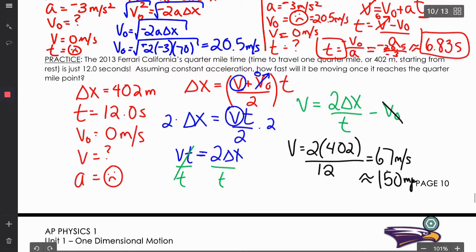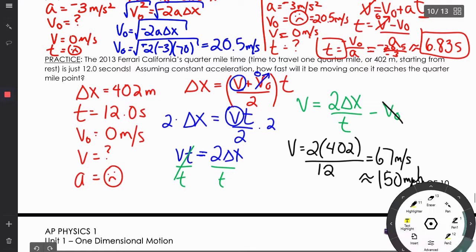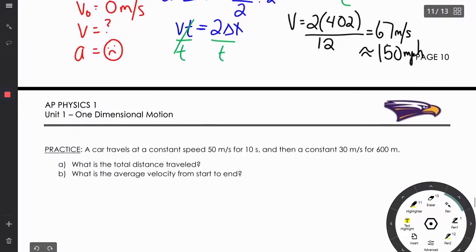Okay, now tell me that's not fast. Remember, your meters per second measurement will definitely be smaller than your miles per hour measurement. To make that conversion, you're going to do 3,600 over 1, and then 1 over 1609, to get you to the miles.